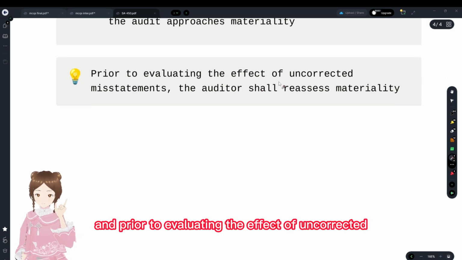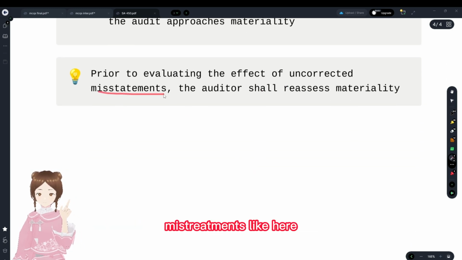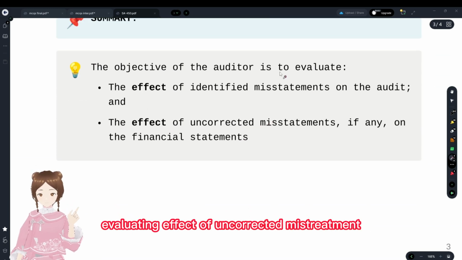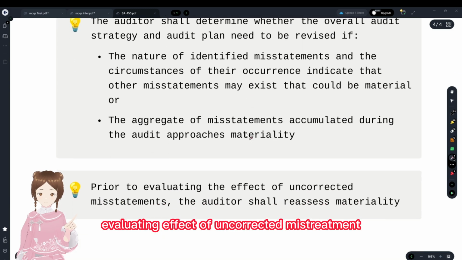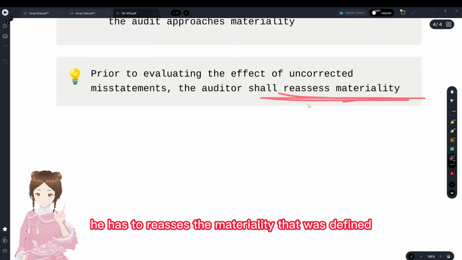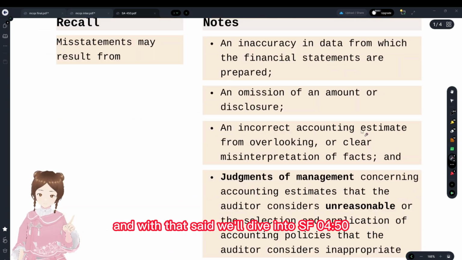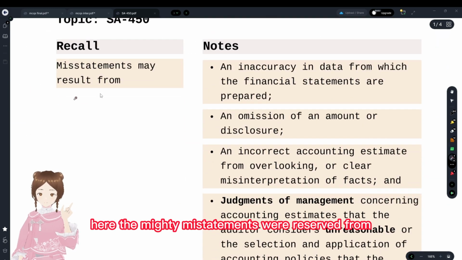And prior to evaluating the effect of uncorrected misstatements, this is the second objective, he has to reassess the materiality that was defined. And with that said, we'll dive into SA 450 here.